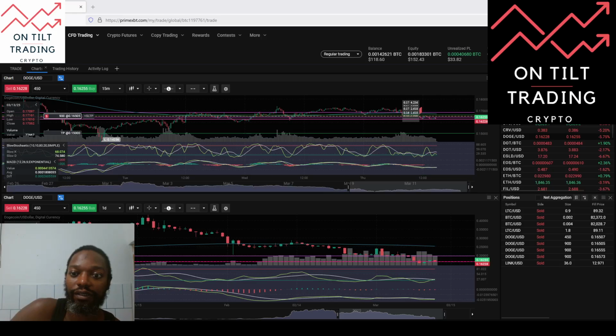So this is quite a drop, but we've already been down here in March. We can see very large volume profiles on these sell-offs.